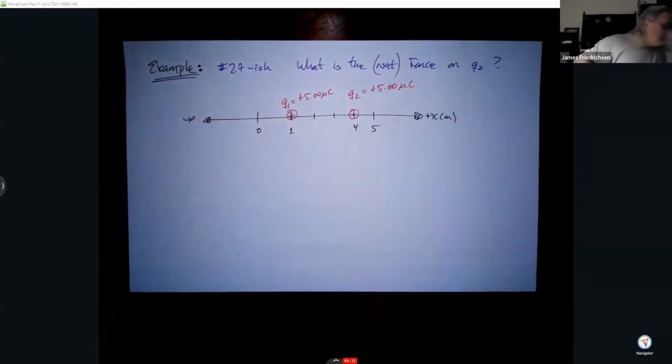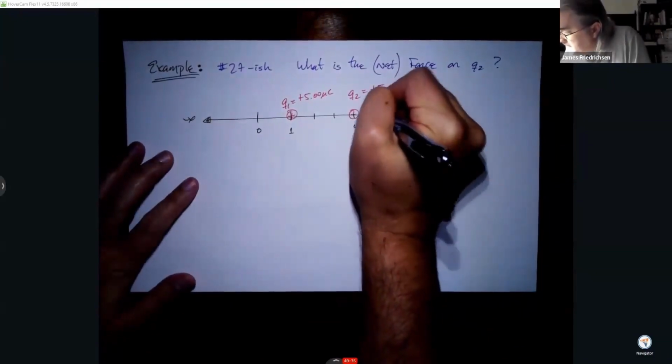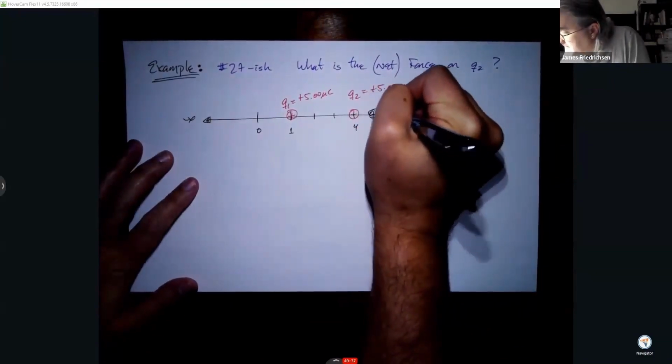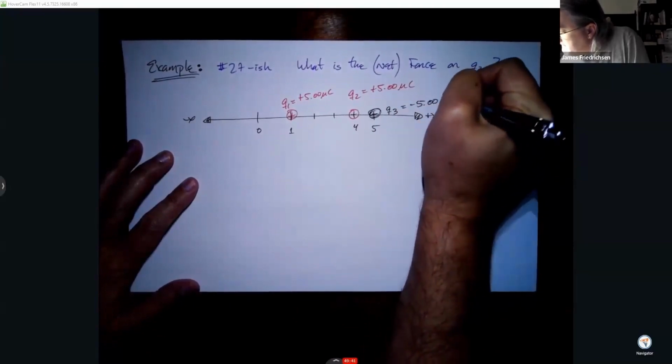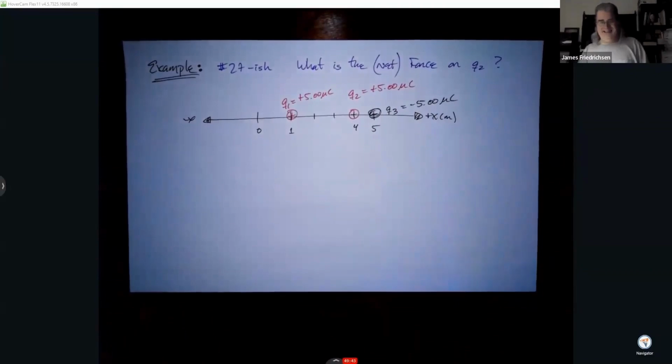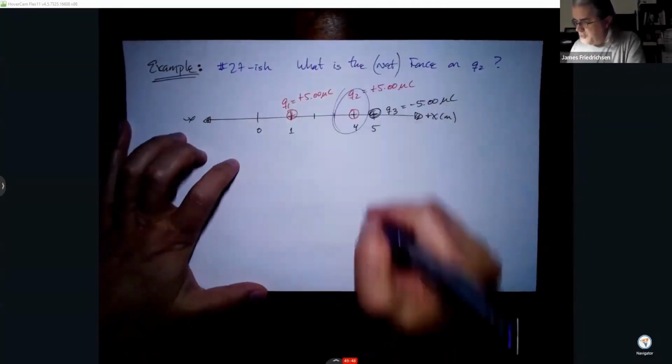And then charge 3 is going to be minus 5 microcoulombs. Now again, our object of interest is charge 2.